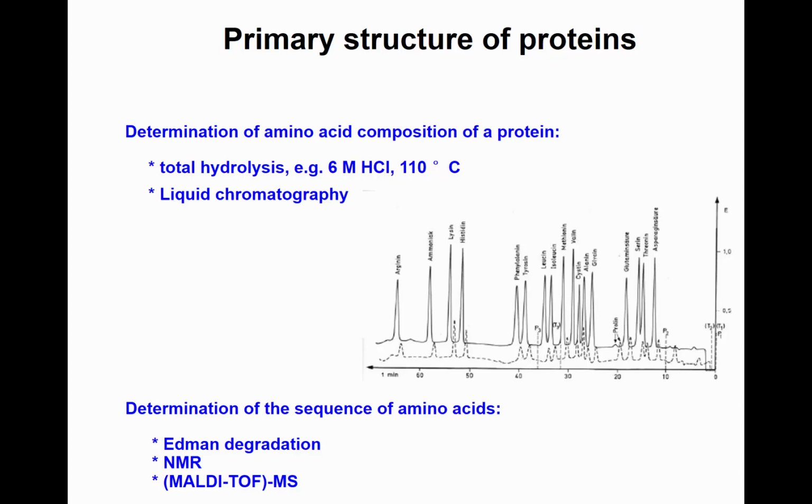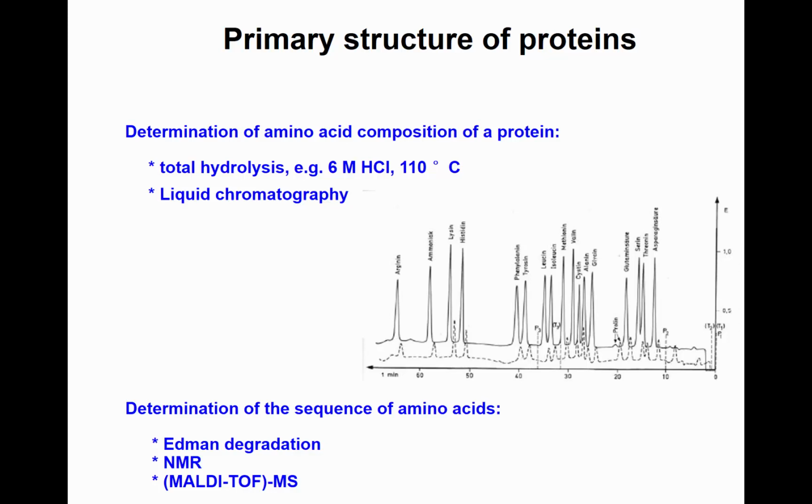How do we get the sequence? It's more complex. I will not go into that detail, but there are numerous ways of doing that. Edman degradation is very common, where you break bonds from the external end, an exo reaction.